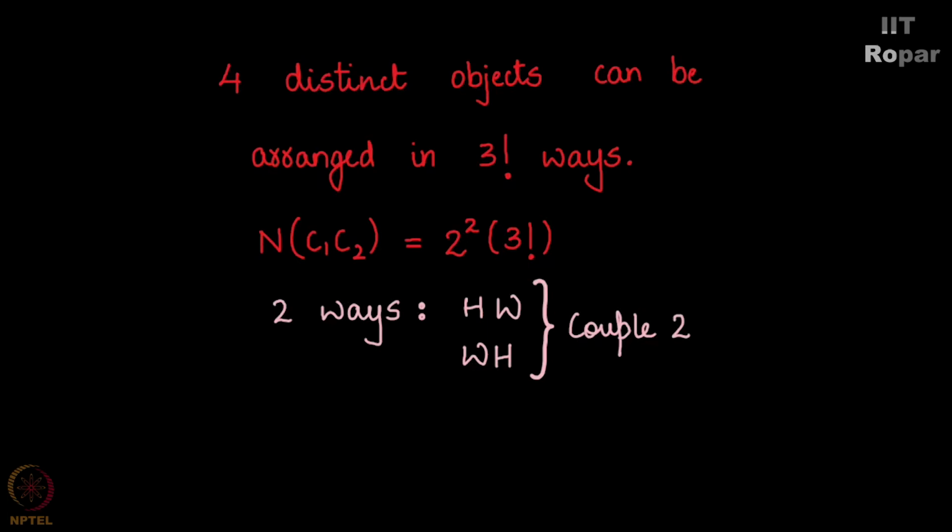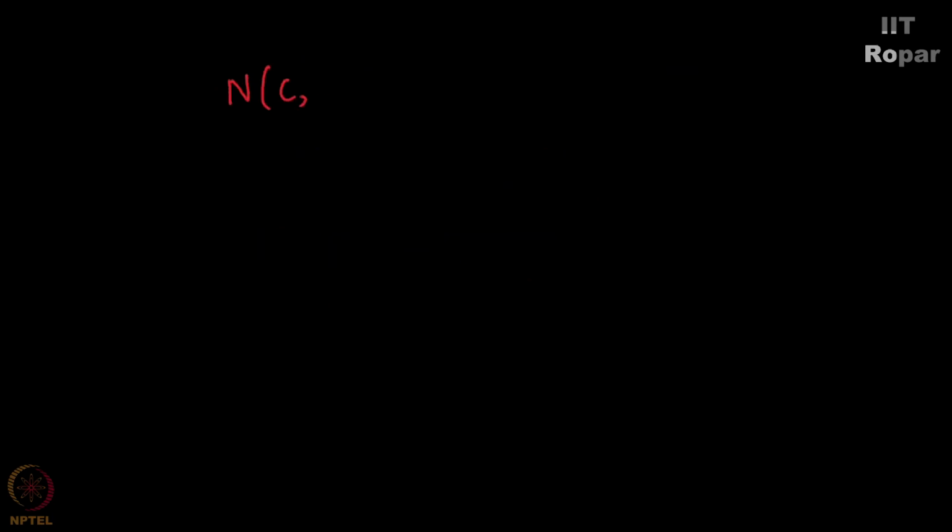So in these 4 ways is how we get it as 2 square. So for n of C1, C2, it was 2 square into 3 factorial. Same holds true for n of C2, C3 and n of C1, C3. It is 2 square into 3 factorial. In these many ways, they can sit.